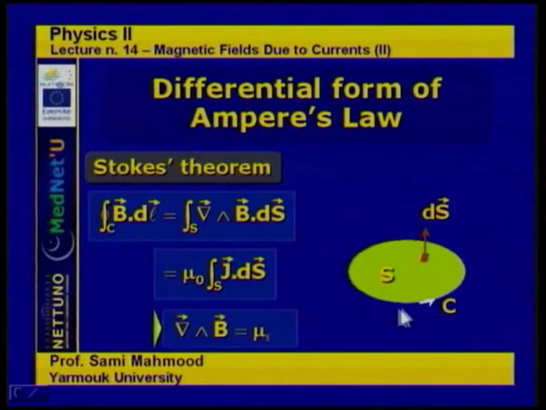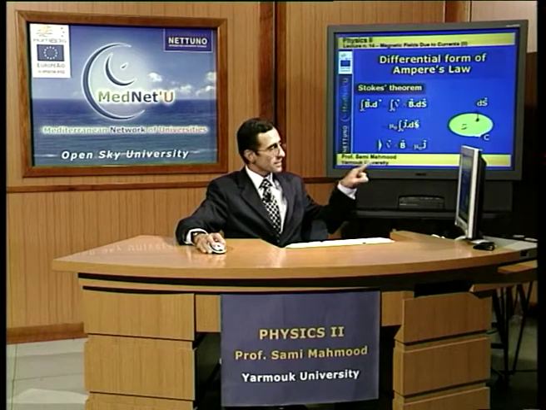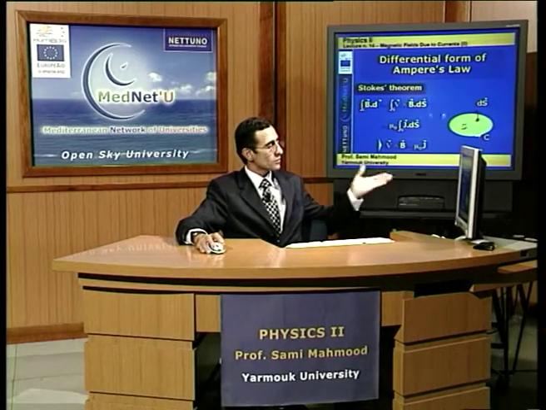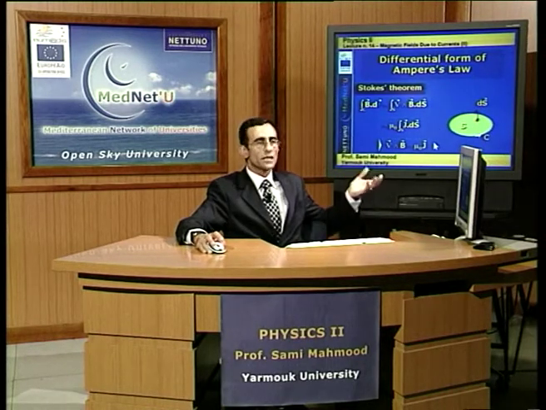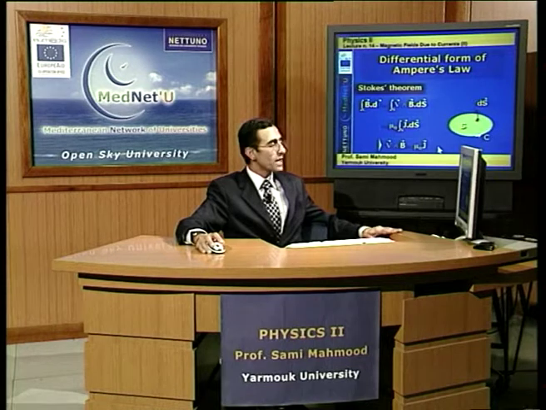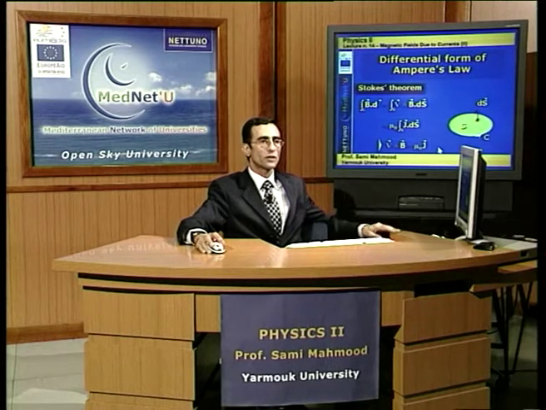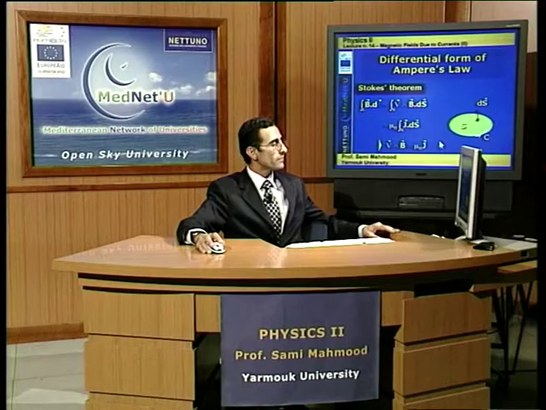The solution is simply curl B is equal to mu naught J. This is actually Ampere's law. We just modified Ampere's law to be presented in a differential form rather than in integral form. So curl B is equal to mu naught J is Ampere's law, but in differential form. We will be needing this formula in the future when we talk about Maxwell's equations.